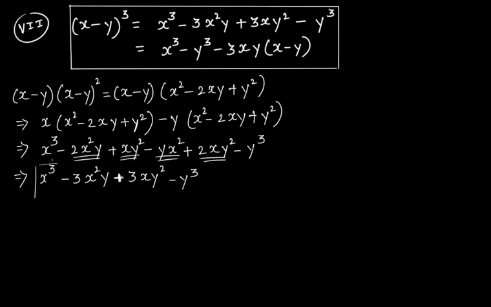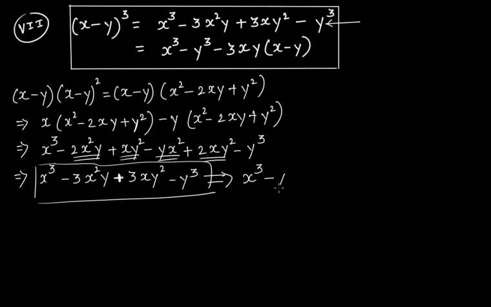So this is what we have written here. And in order to get this one, what you can do is simply write this as x cubed and bring this minus y cubed ahead, and then you have this one. So this is minus 3x squared y plus 3xy squared.